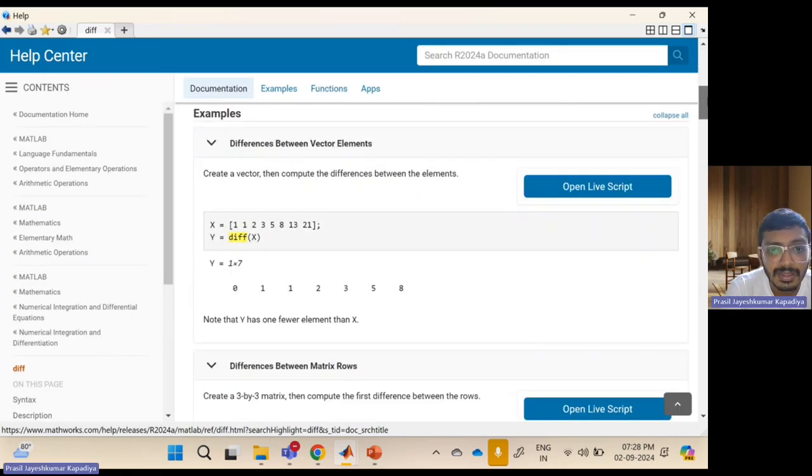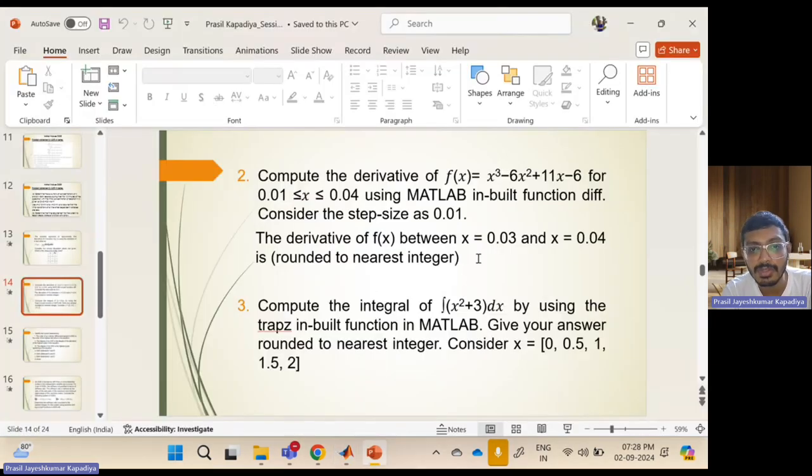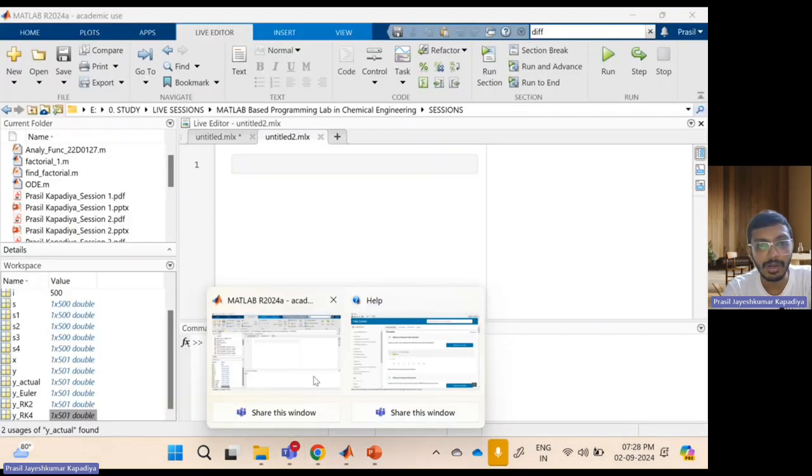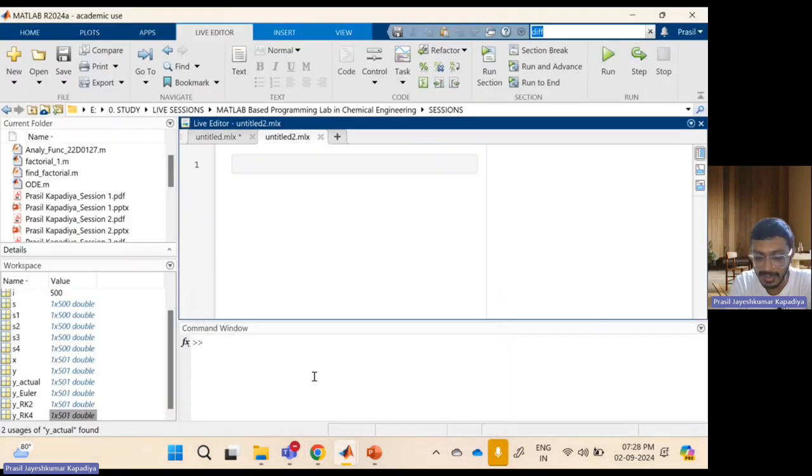Diff is difference. So see, when I write difference of x, so 1, 1, 2, 3. So 1 minus 1 is 0, 2 minus 1 is 1, 3 minus 2 is 1. So I am supposed to find difference between 0.03 and 0.04. So what I have to do, I have to find first the derivative. Correct?